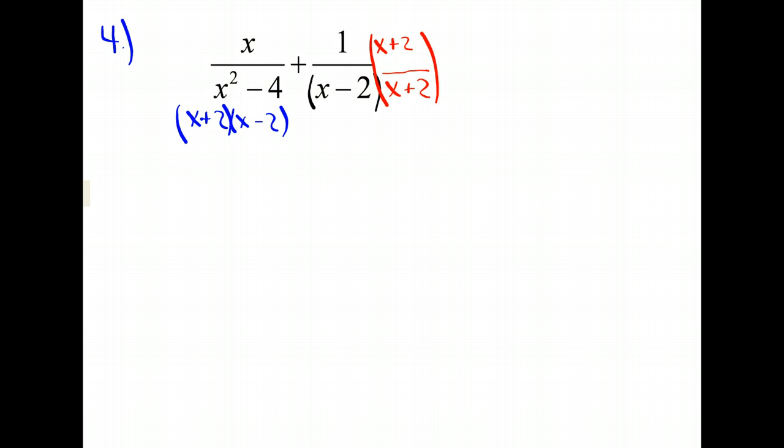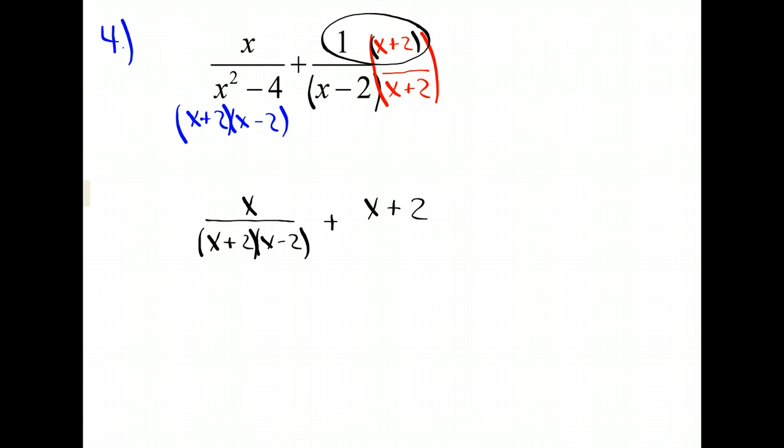So if I do that, my first expression doesn't change at all, but my second expression becomes, now if I multiply the 1 times the x plus 2, I get just 1x plus 2 over, and then I have my common denominator, x plus 2 times x minus 2.